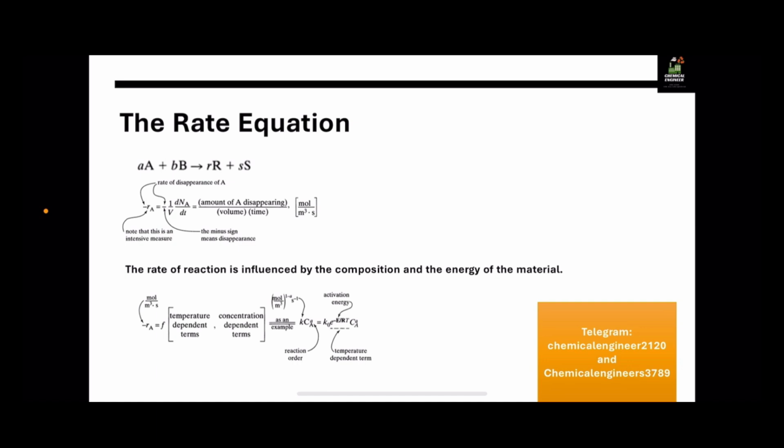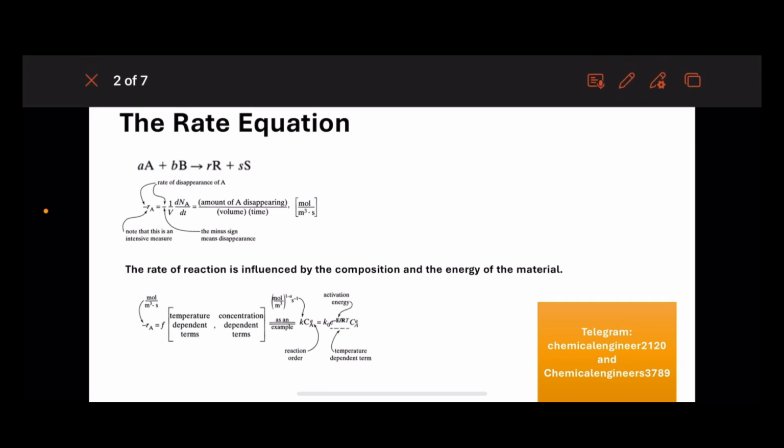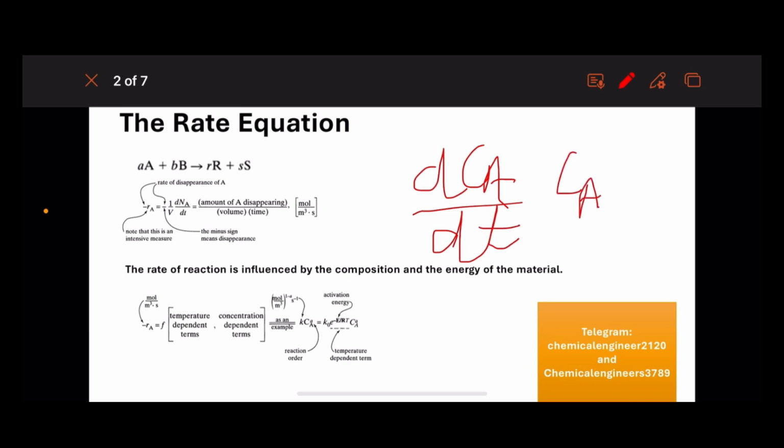Why is it disappearance? This concentration is disappearing. So dCA upon dt. And as we well know, concentration is number of moles per unit volume.